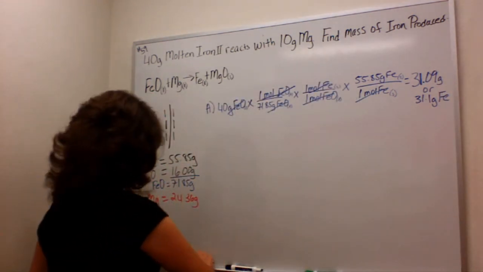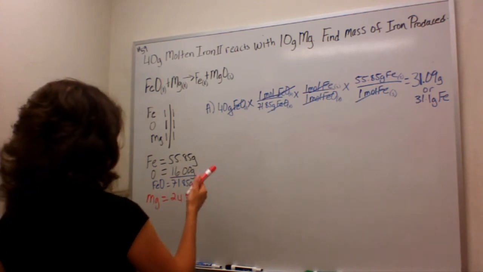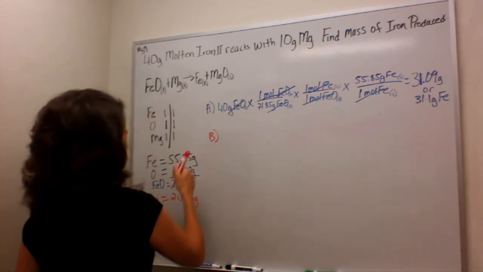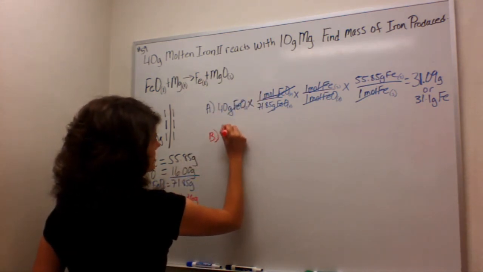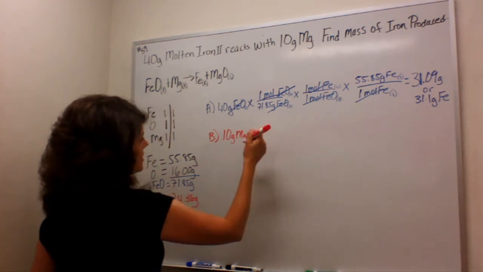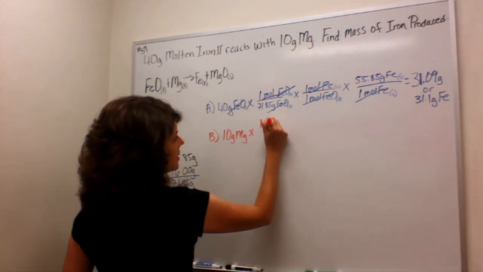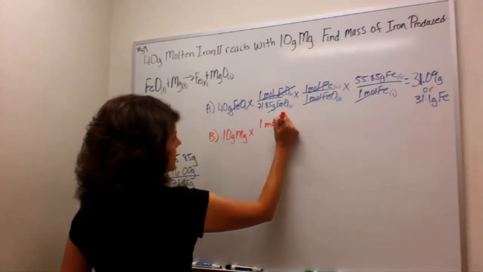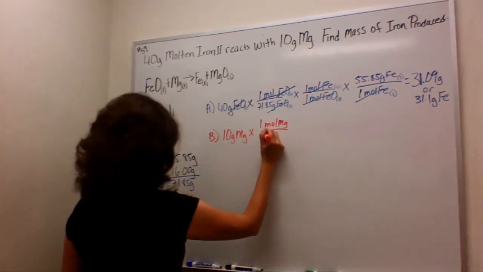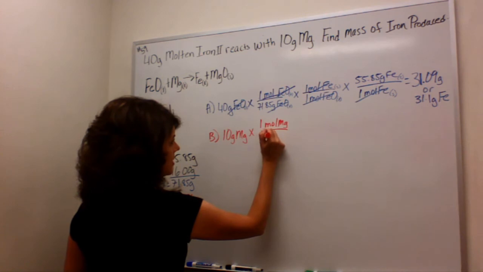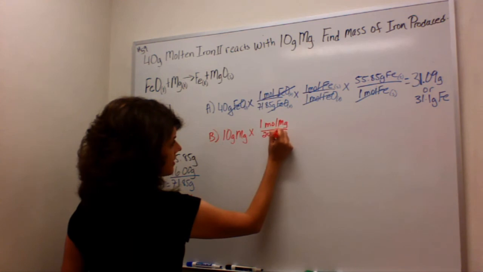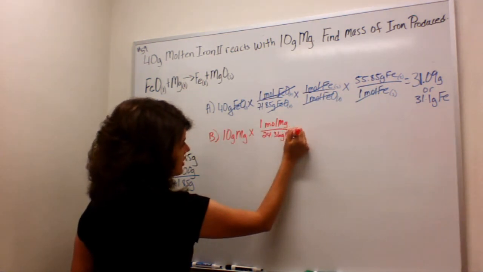Next, we're going to determine the iron produced from the magnesium. We're going to start with our given, which is 10 grams of magnesium, and 1 mole of magnesium is equivalent to, as we can check over here, 24.36 grams of magnesium.